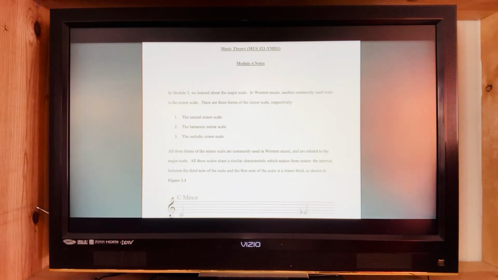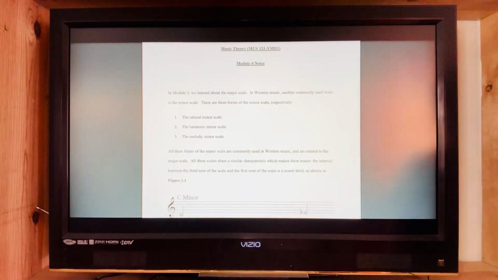Okay, and then comes the melodic minor. And that is tweaked a little more. That's really a combination of the minor and the major. The first 5 notes are the natural minor, and then the last 3 follow how the major scale would go. So you raise the 6th and the 7th.